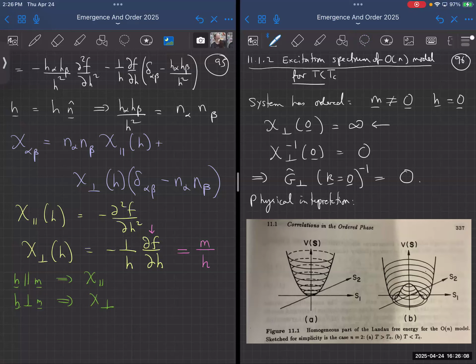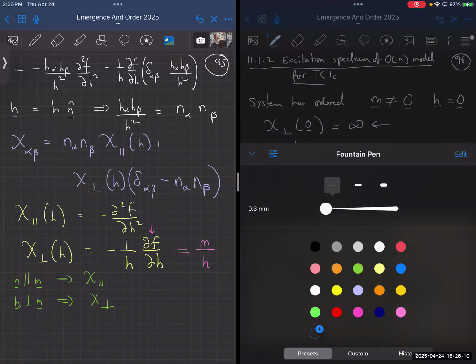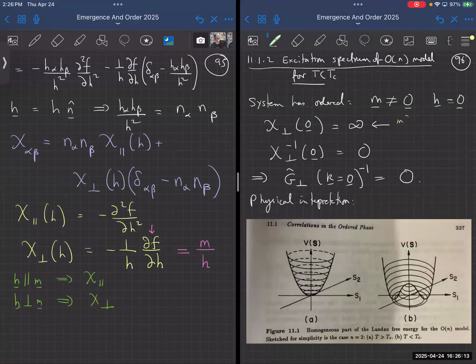So what it means is that if I have an infinitesimal field transverse to the direction of ordering, it can move the order direction by a finite amount.